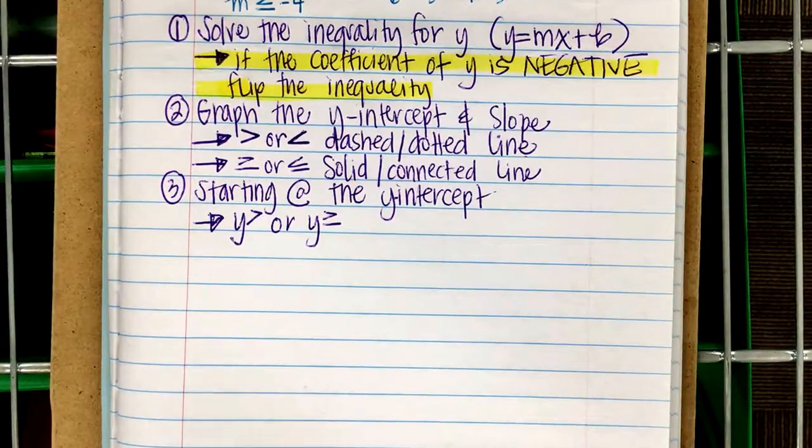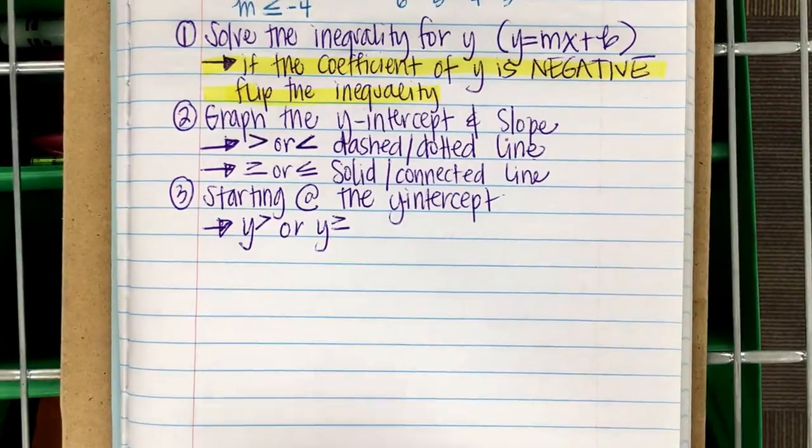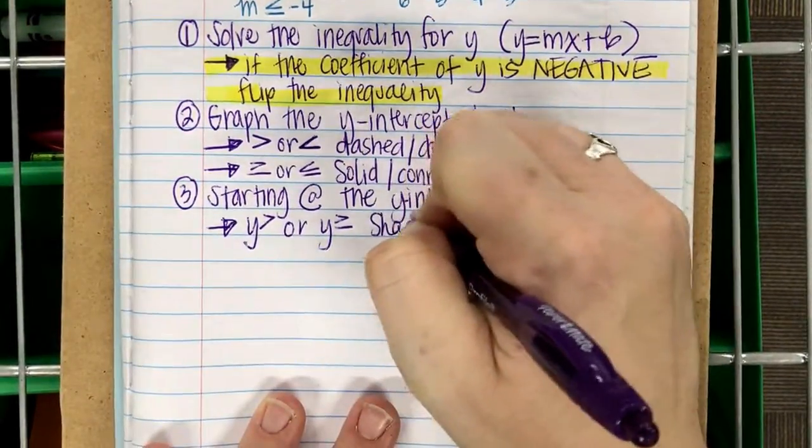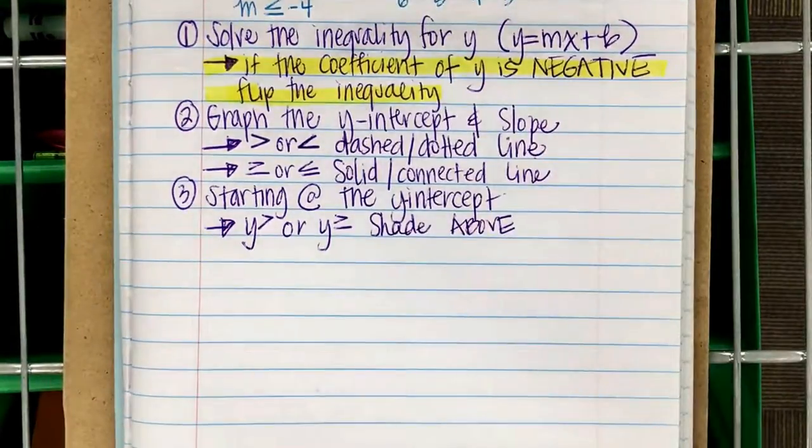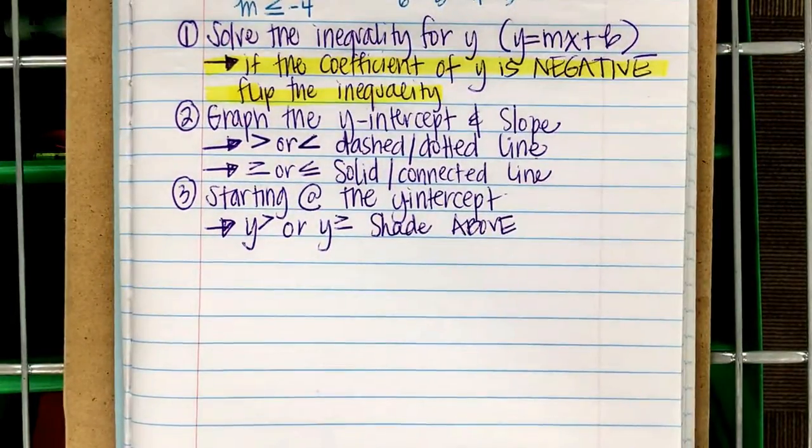On a coordinate plane, which way does y get bigger? Going up. Shade above, because the y-axis is vertical.